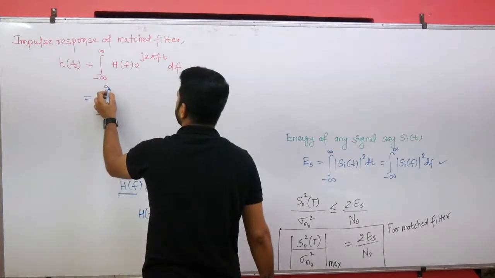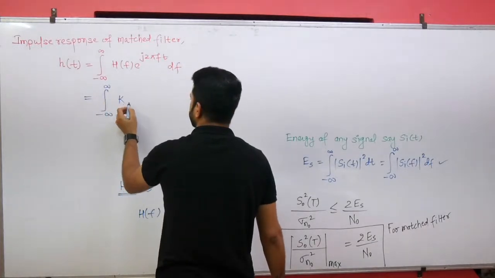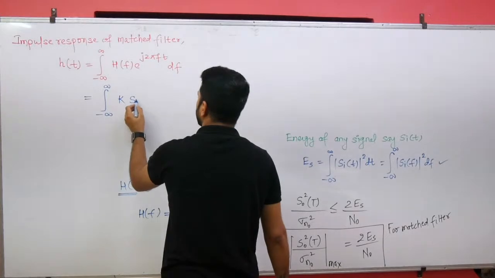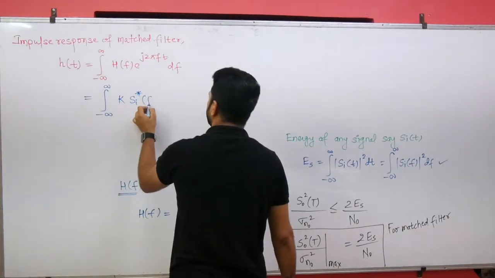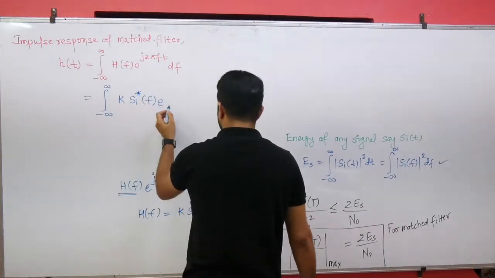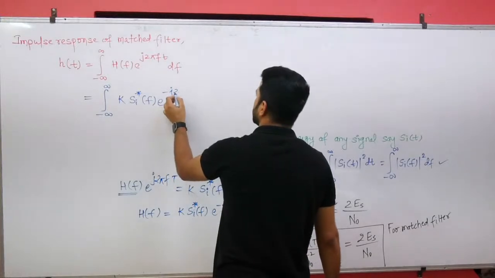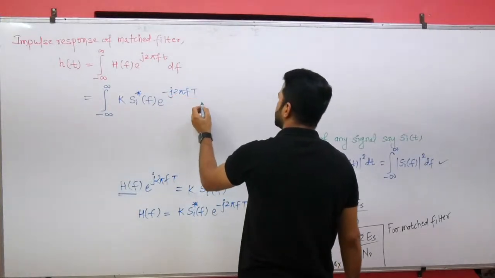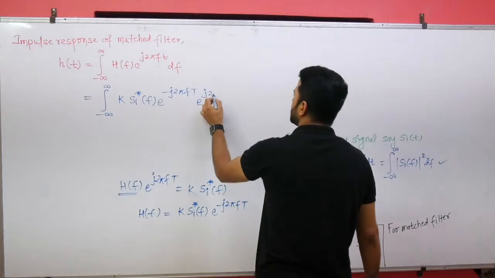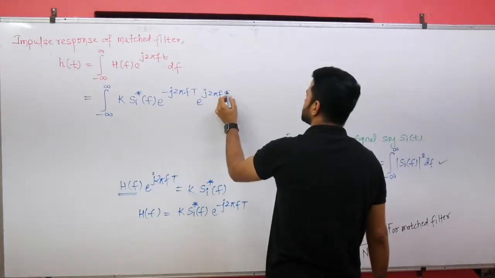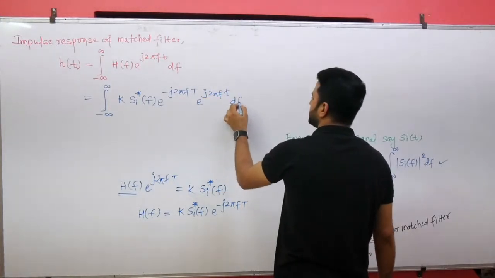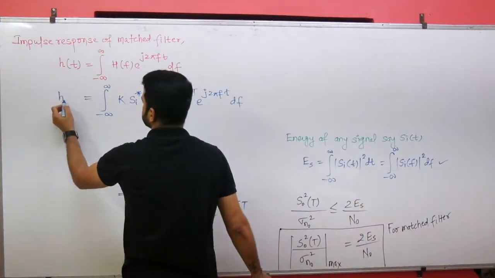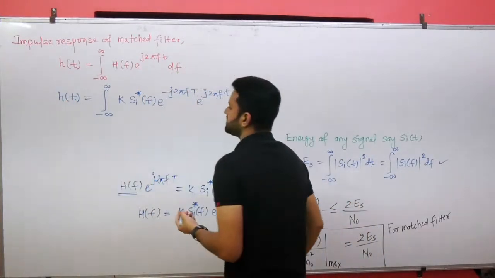Integrating from minus infinity to infinity, H of f is k times Si of f complex conjugate, e to the power minus j 2 pi f capital T, and e to the power plus j 2 pi f small t, df, and this is h of t.